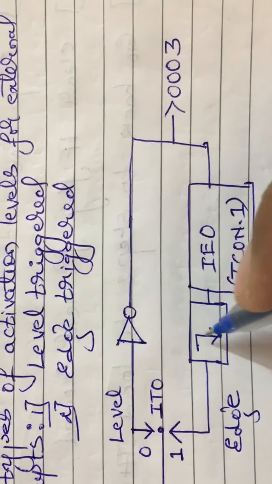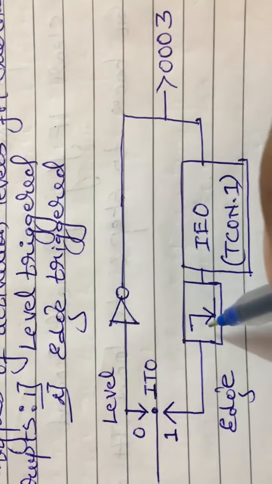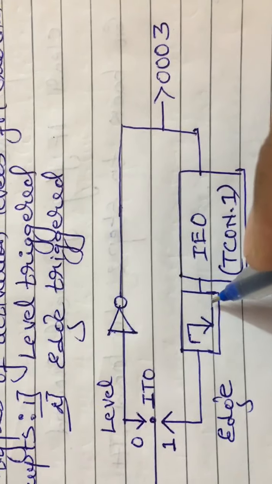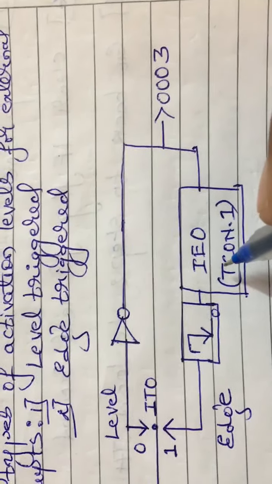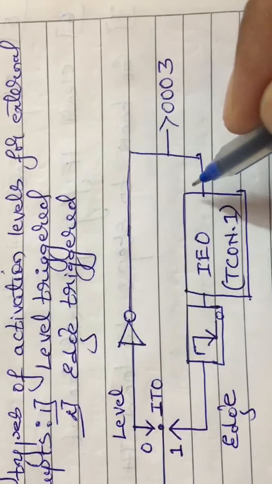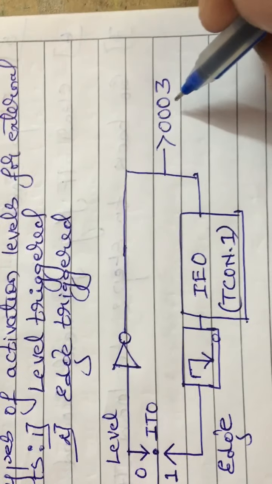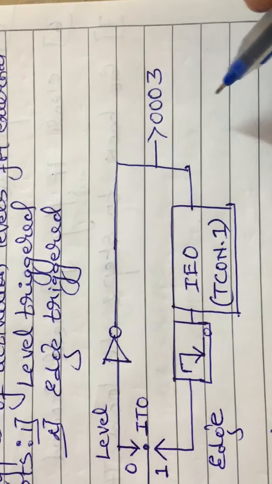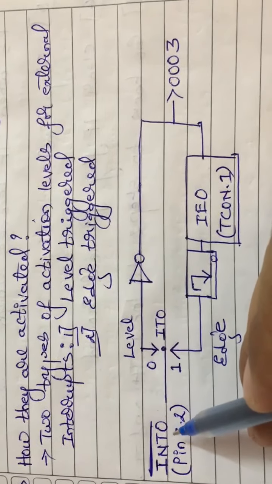When I send the signal from high to low, this is called high to low edge triggering. Again, it will fetch the address 0003H, execute all the instructions of the ISR, and move back to the main program. So this is about INT0 bar.